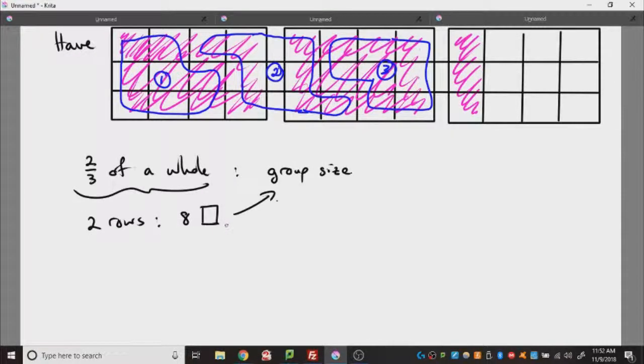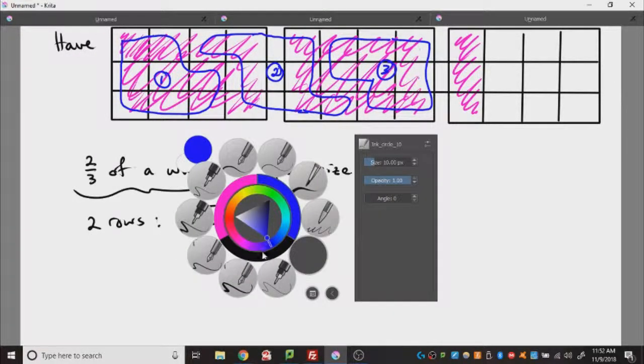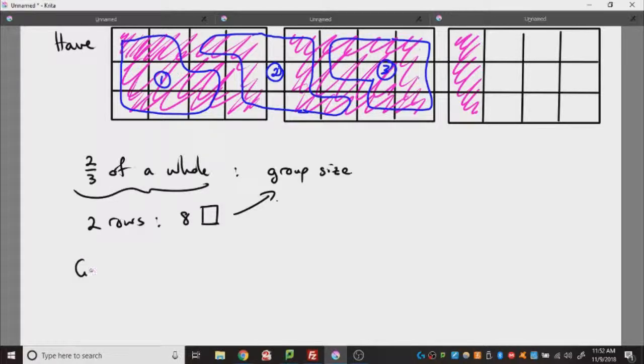So, back to my black here. We can fit this in, can fit it in 3 times with 3 pink squares left over. Pink.